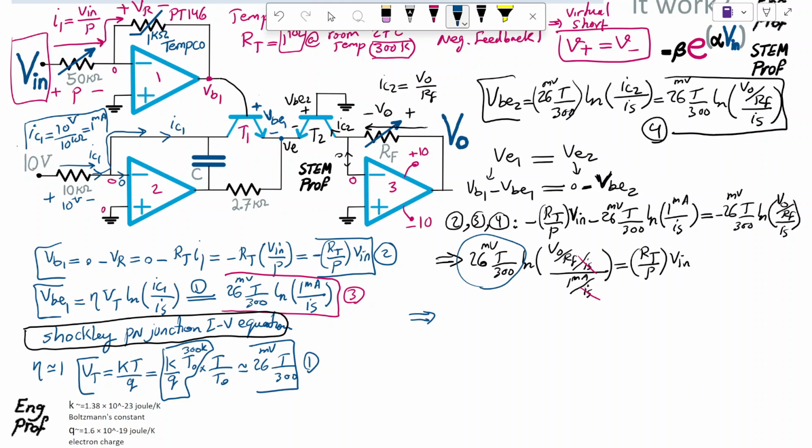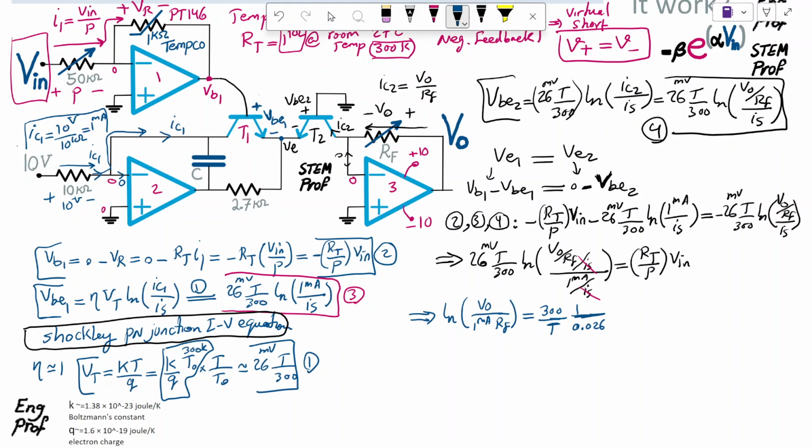I can also move this to the other side, so it becomes simply ln of Vout divided by 1 milliamp times RF equal to 300 divided by T, and then 1 over 26 millivolt, so 1 over 0.026.